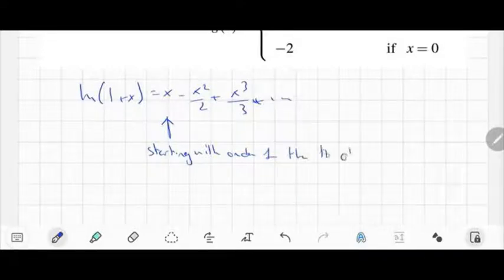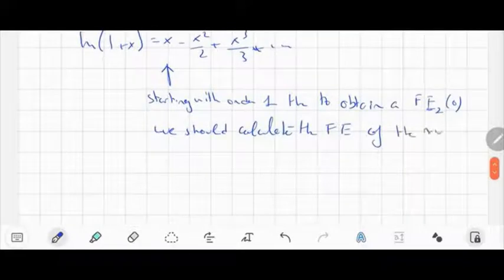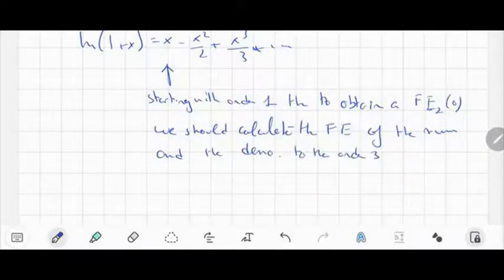To obtain a finite expansion to the order 2 in the neighborhood of 0, we should calculate the finite expansion of the numerator and the denominator to the order 3. So this is why in here we will stop at the order 3 and say that it's plus x^3 epsilon of x.